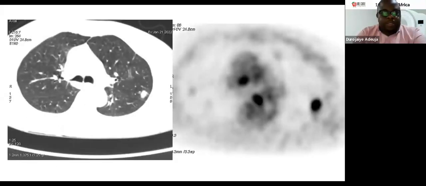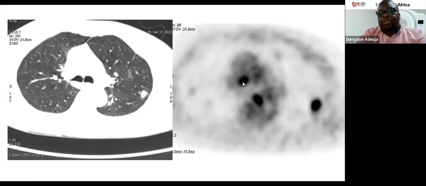These are the lung images demonstrating a nodule in the left upper lobe, just peripheral, if you can appreciate this. And with the PET, we're able to see this hypermetabolic nodule, which confirms what we saw on the CT.